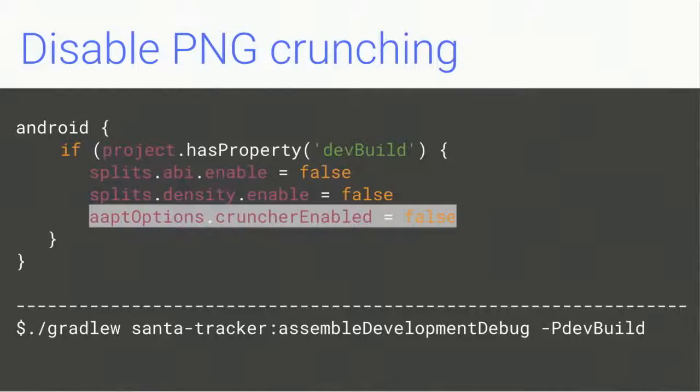So to avoid PNG crunching, you can use the same property that we define and add the AAPT options and cruncher enable flag to disable it if Gradle sees that property defined. And again, on Gradle, whenever you do a development build, you can pass that property into Gradle to avoid PNG crunching.